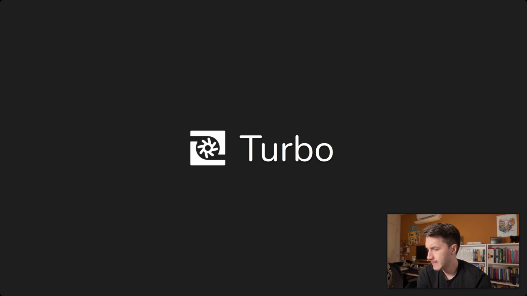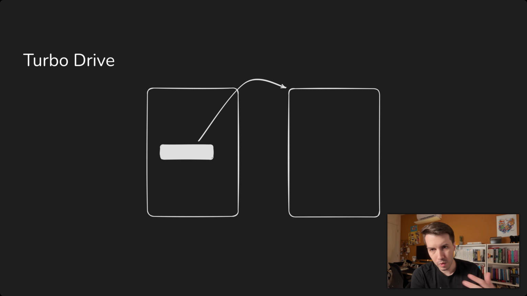Turbo is a JavaScript library that allows us to build multi-page applications, MVC applications, server-side rendered applications. It turns multi-page applications into something that looks and behaves like a single-page application. This is handled by Turbo Drive, which is one of the components of Turbo itself.